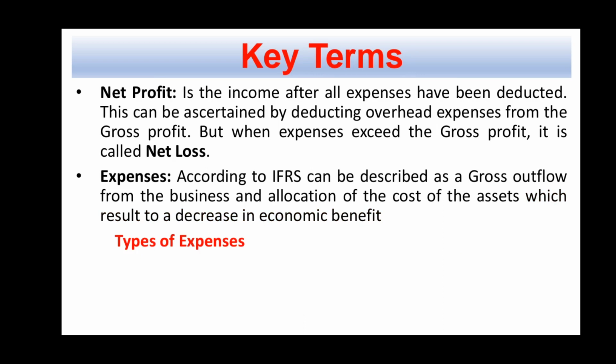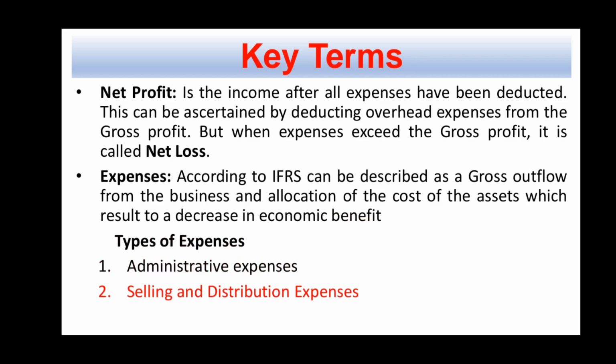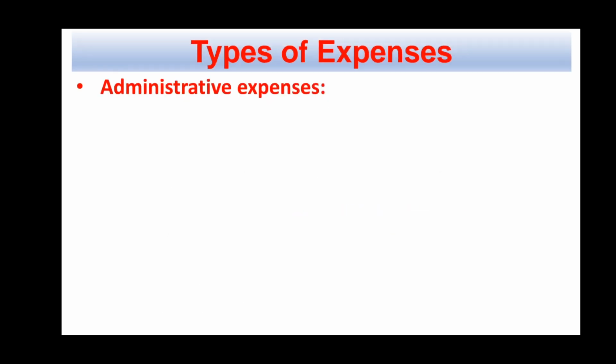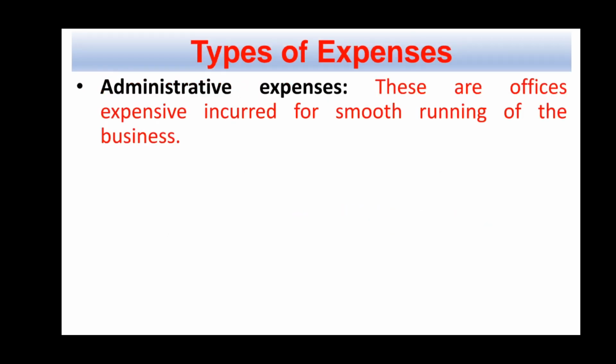That's the reason why I said the types of expenses, which include administrative expenses, selling and distribution expenses, and finance cost. All the expenses of the business can be categorized under these three. It's either they come under administrative expenses, or selling and distribution expenses, or finance cost. So what is administrative expenses?